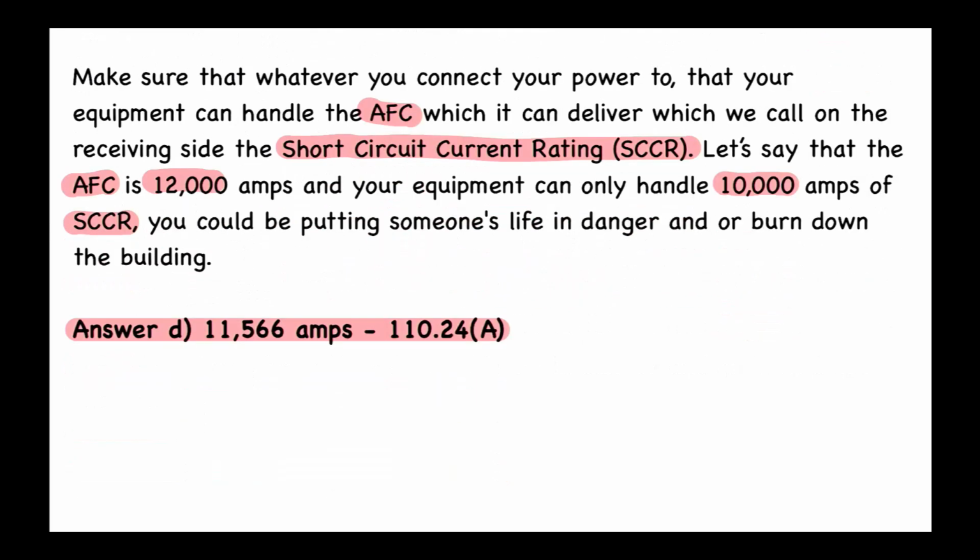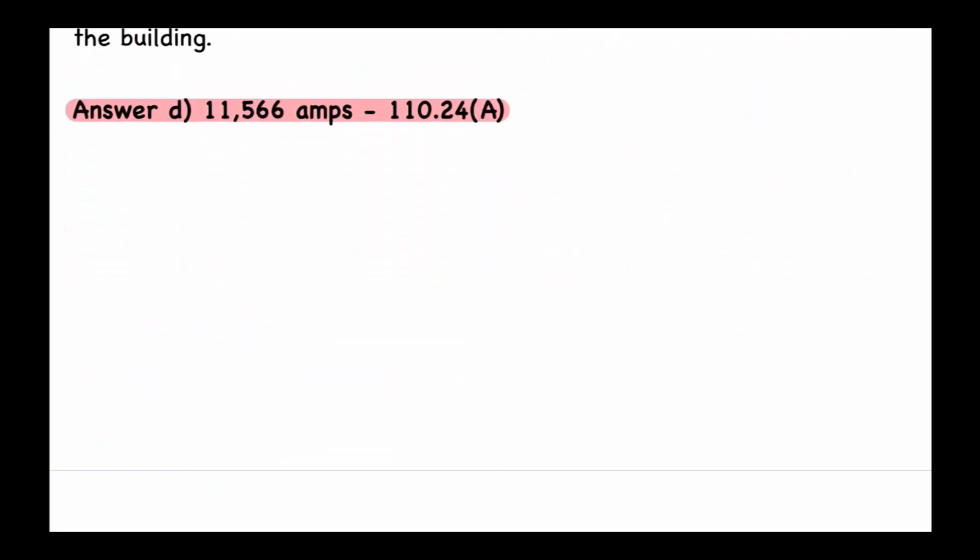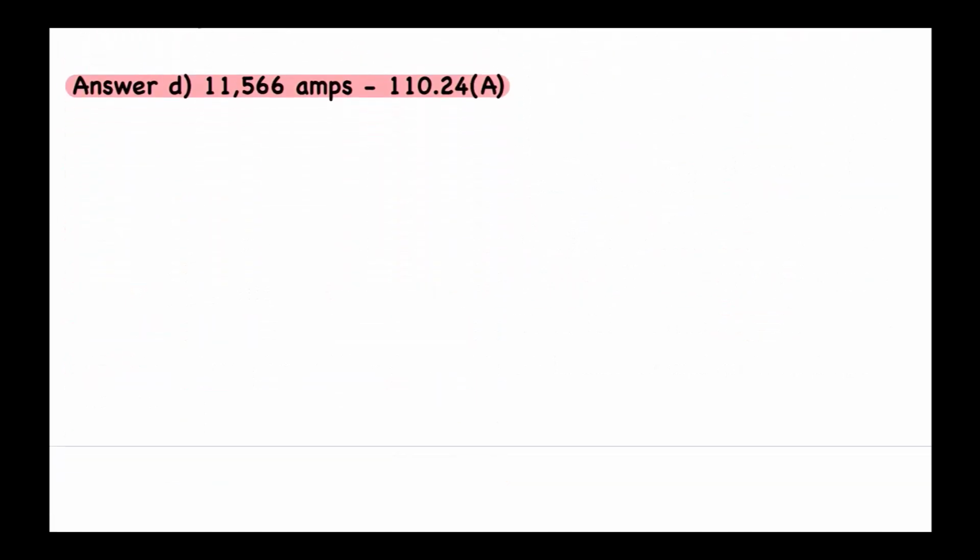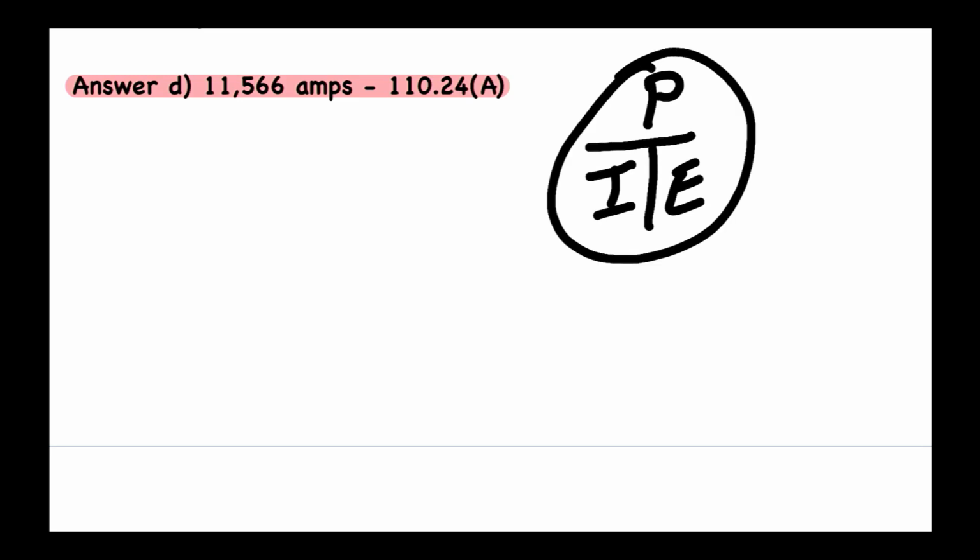All right, so I promised you I was going to show you another way to think about this, and here it goes. I'm sure we're all familiar with the pi formula. First, we're going to calculate the full load amps for the transformer, something you've got to know anyway when you're sizing conductors for transformers.